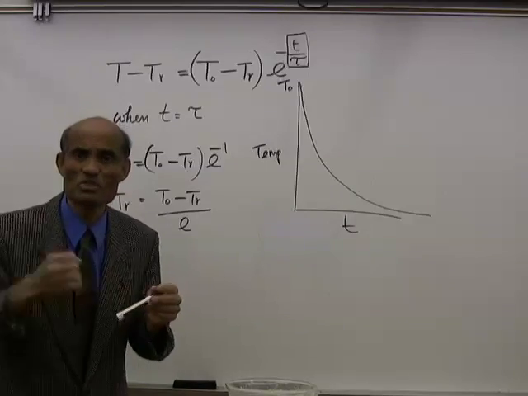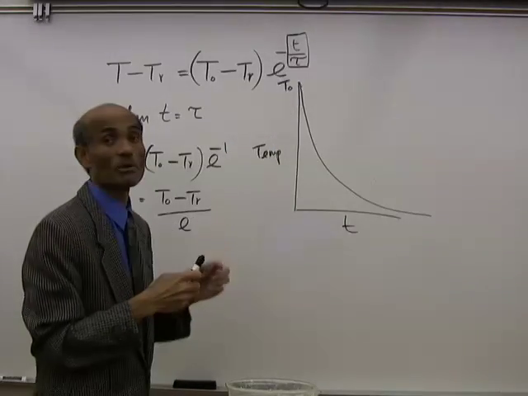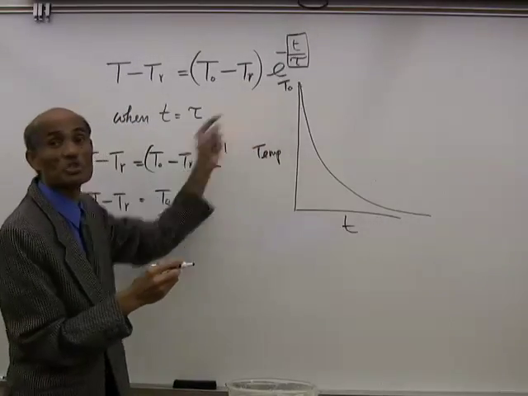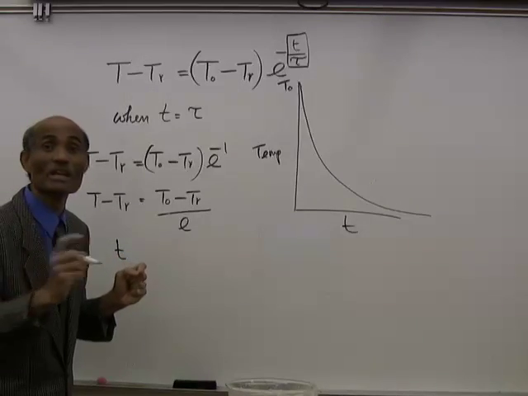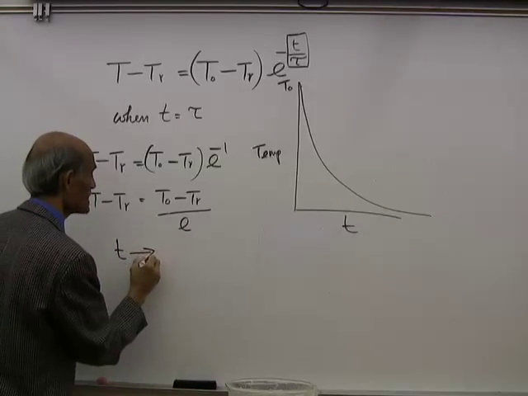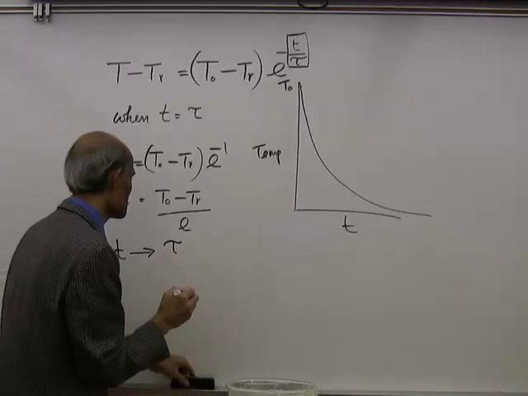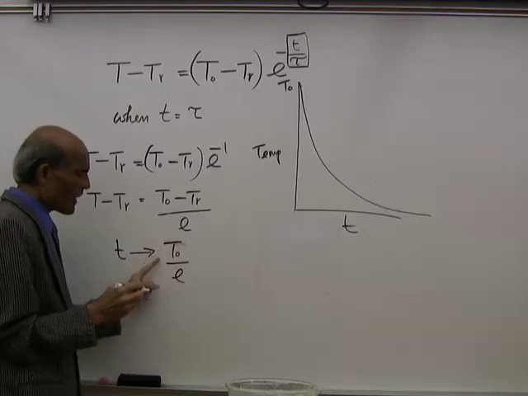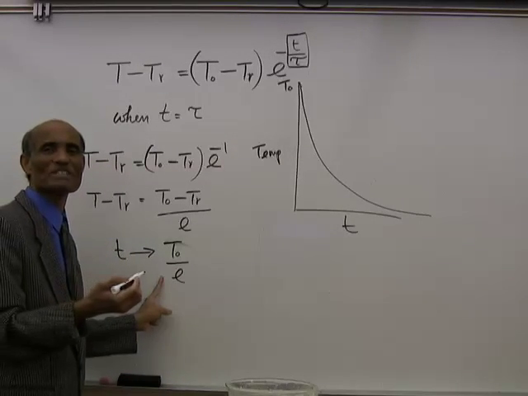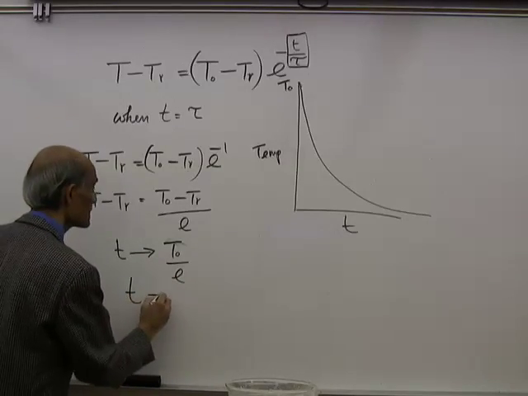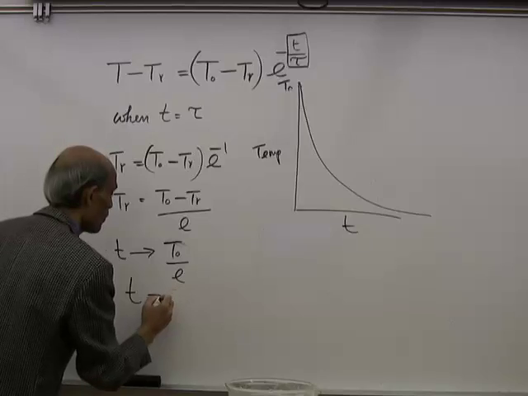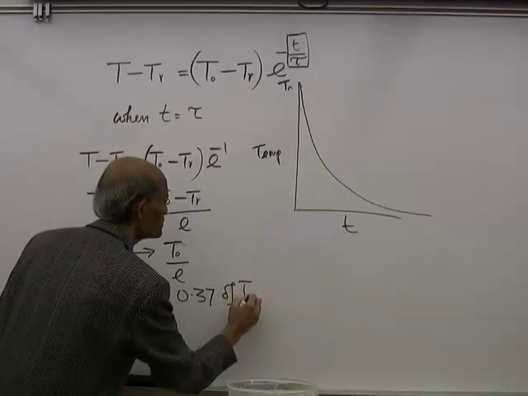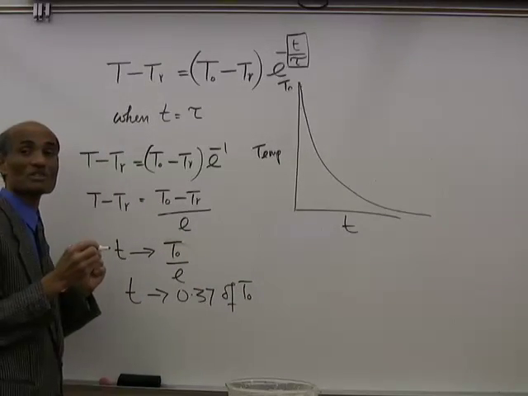What is the temperature when you start the clock? That is your T0. Now, find the time taken for this temperature to fall by 1 over e of T0. What is the time taken for the temperature to become T0 divided by e? In other words, 1 over e is approximately 0.37. So the time taken for this temperature to fall to 0.37 of T0. That is your time constant.